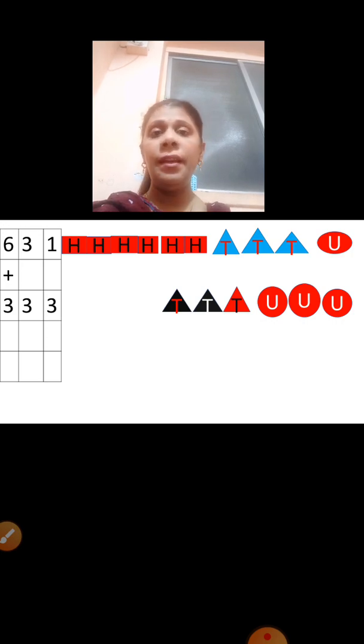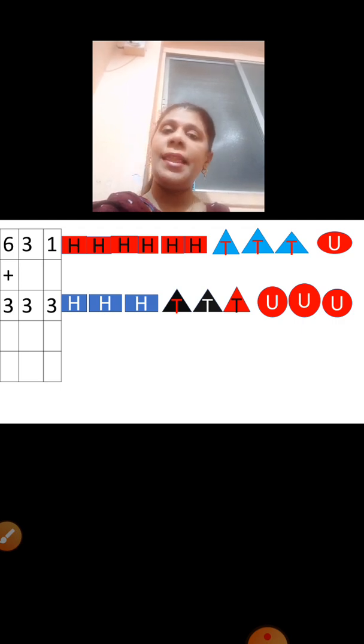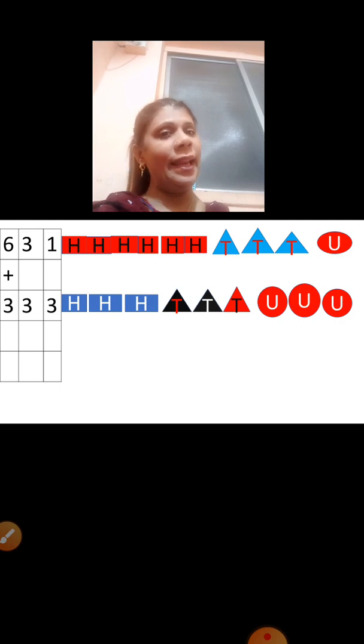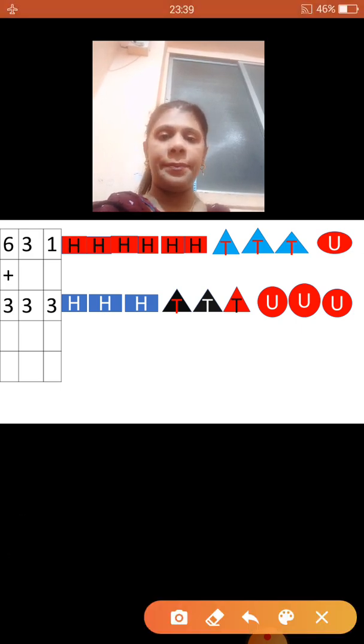So how many hundreds? 3. So 1, 2, and here comes 3. Now here also see, 3h is 300. Then 3t is 30. And 3 units is 33. So 333. Now we are going to add this.